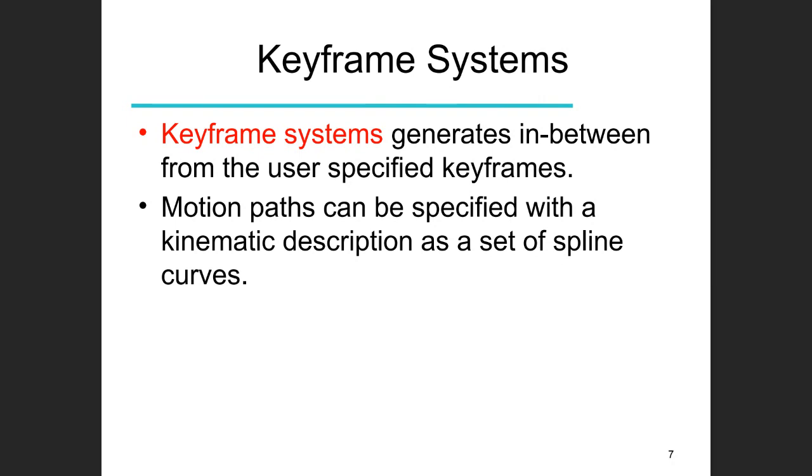So we have keyframe systems. A keyframe system generates the in-between frames from the user-specified keyframes. So what it means is that the user provides the original keyframes and the in-between frames are generated by using the keyframes. So we are doing some kind of interpolation.